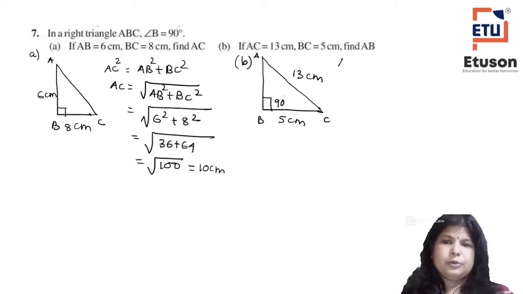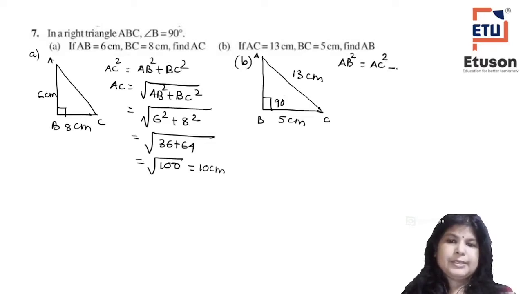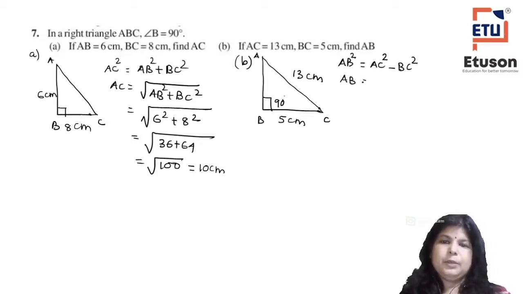So now according to the Pythagoras theorem, AB square is equal to AC square minus BC square. Then AB will be equal to the square root of AC square minus BC square.